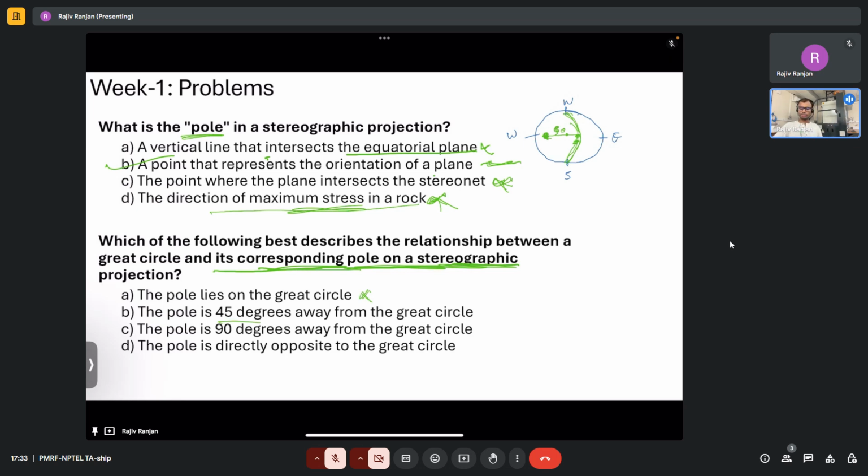The pole is 45 degrees away? No, we learned 90 degrees. The pole is 90 degrees away from the great circle. This is the correct option. The pole is directly opposite to the great circle? No, this is wrong. So option C is correct. I hope you understand.